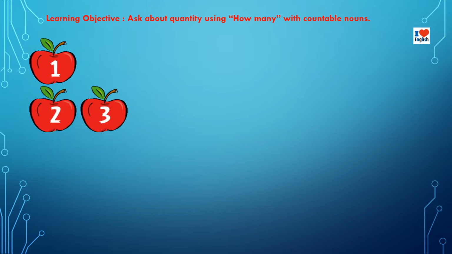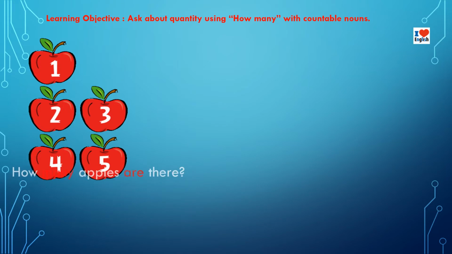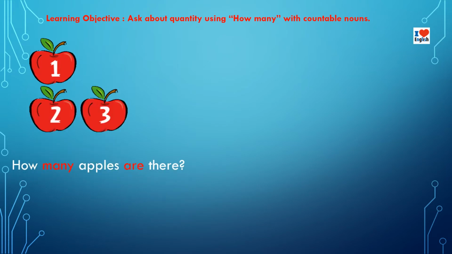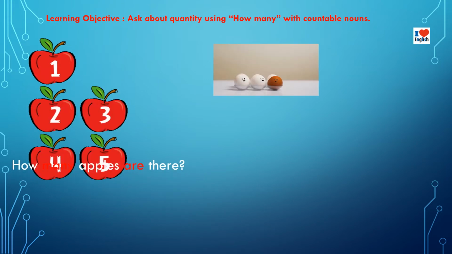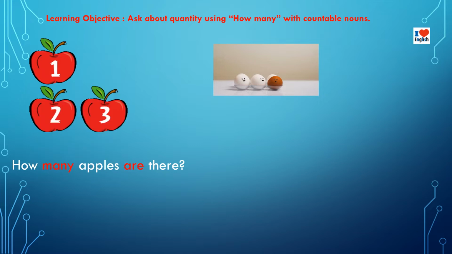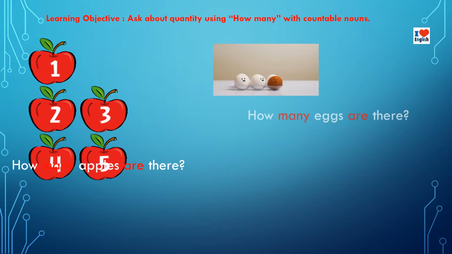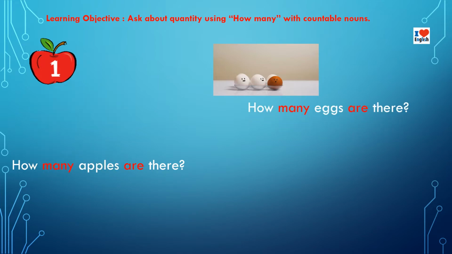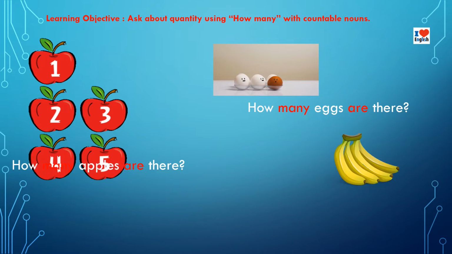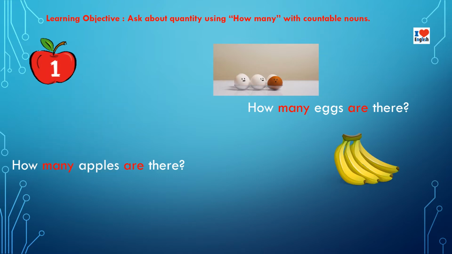As we can see, there are 5 apples. How many eggs are there? Let's count: 1, 2, 3, 4. There are 4 eggs. How many bananas are there?